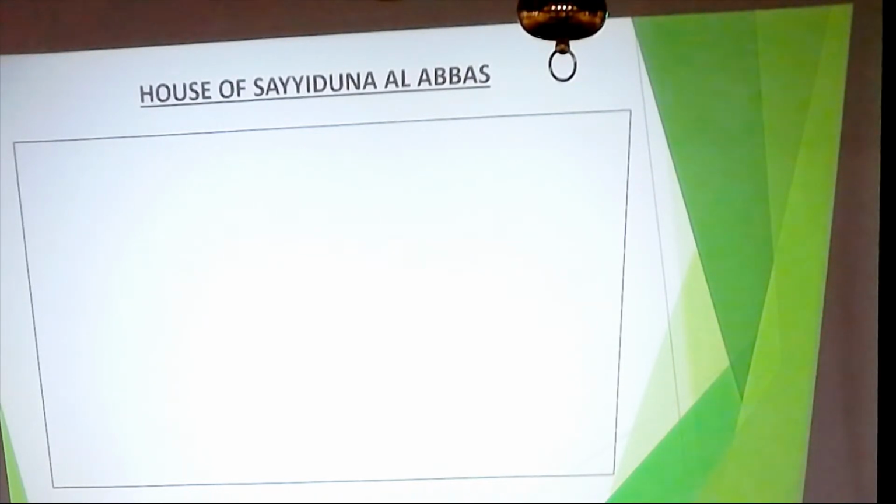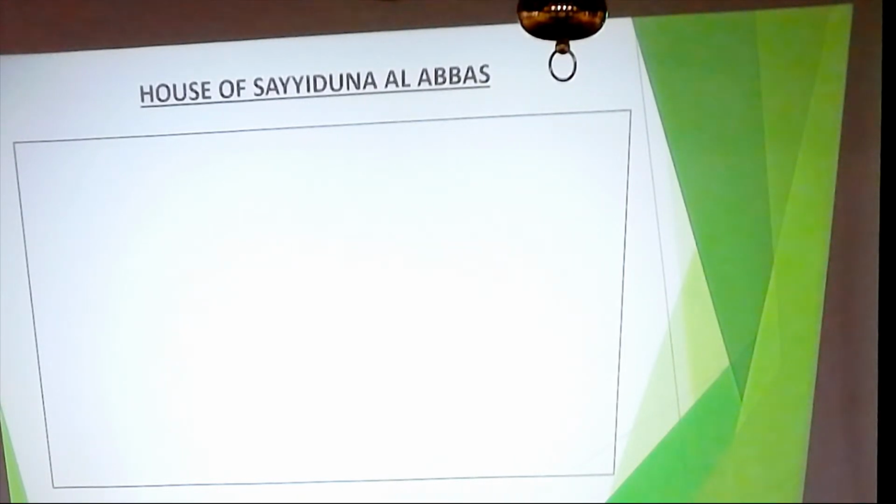So part of Sayyidina Abbas radiallahu anhu's house had to also come into the masjid. So Sayyidina Umar radiallahu anhu went to Sayyidina Abbas radiallahu anhu and said, look, we need to extend the masjid. So either you donate the house to the masjid, or we'll buy it off you and we'll relocate you elsewhere.